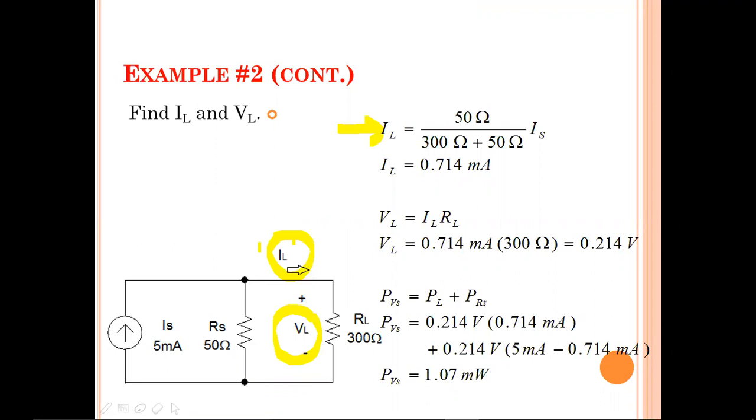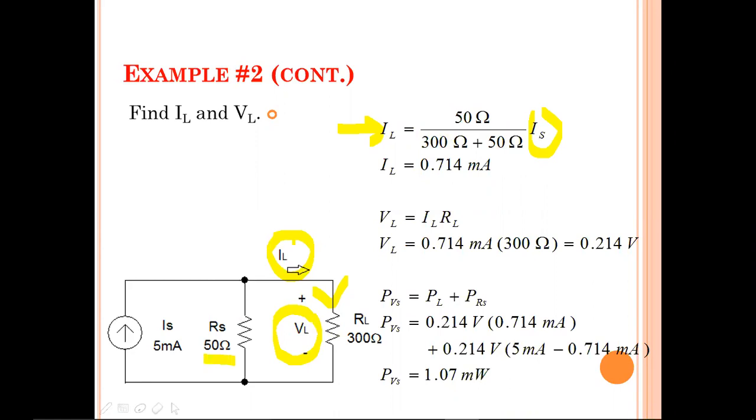It states: total current multiplied by the opposite value of resistance, divided by the summation of all the resistances in the circuit. So here, this is the current I am going to find flowing through the load. I know the total current, and the opposite value of resistance is 50 ohms.